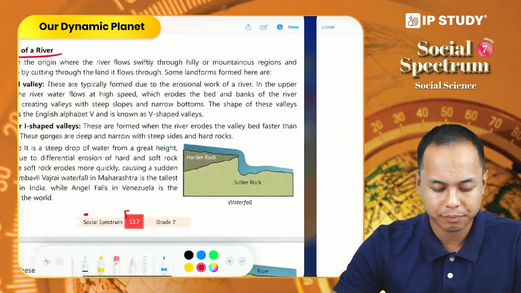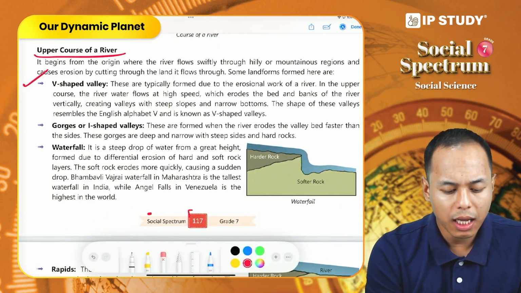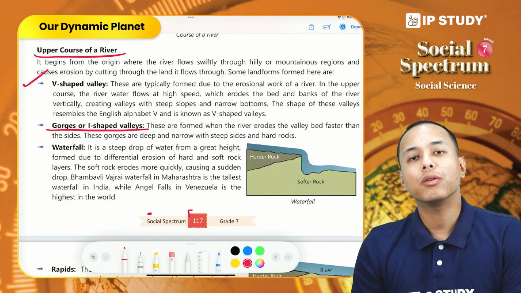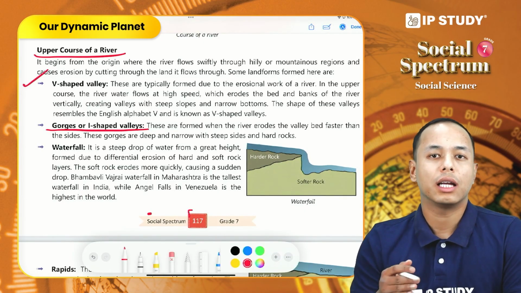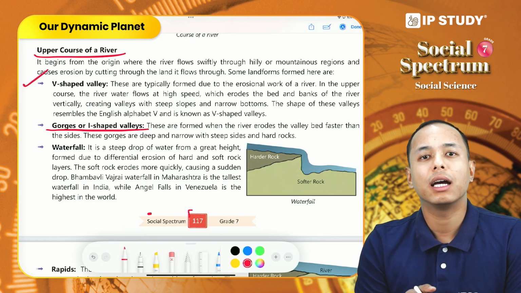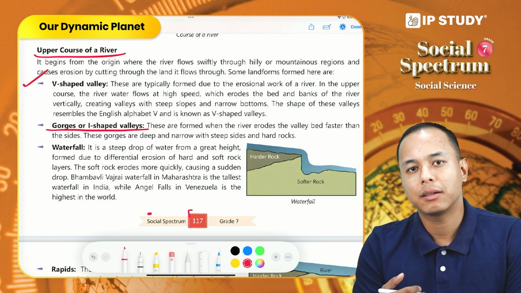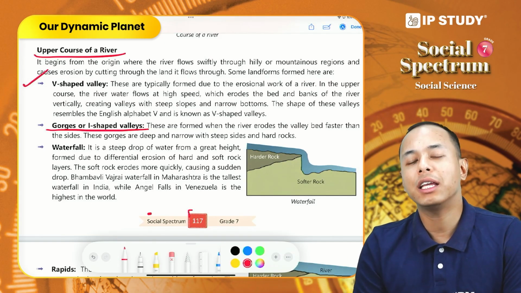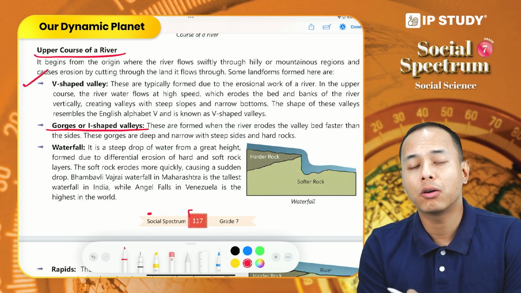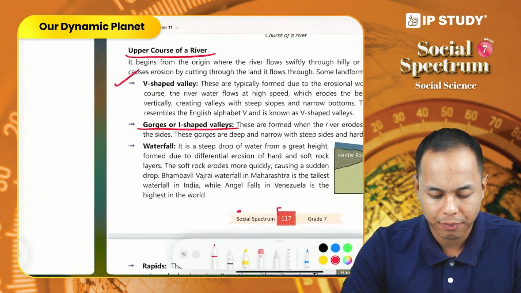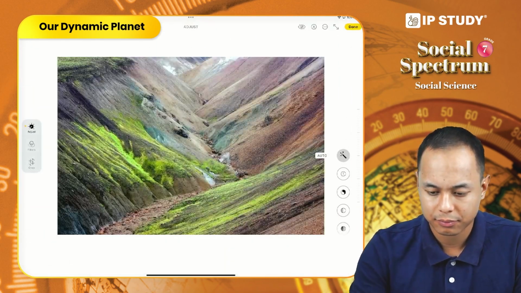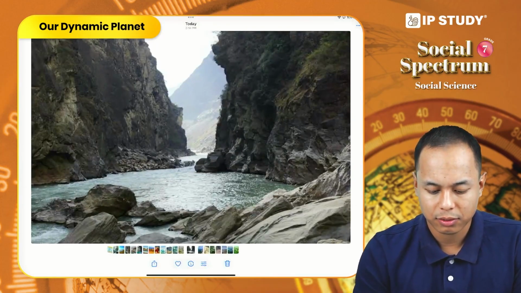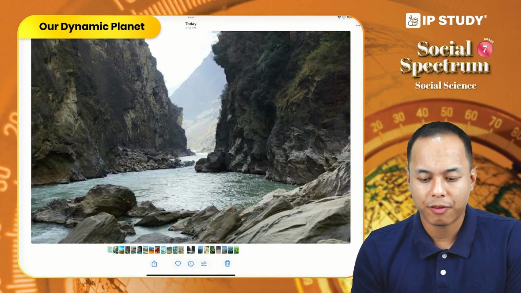Now comes the I-shaped valley or gorge. So when the river erodes the bed at a higher rate than its bank, a very deep and steep valley is formed, and this is called a gorge or I-shaped valley. So this is an example of an I-shaped valley.